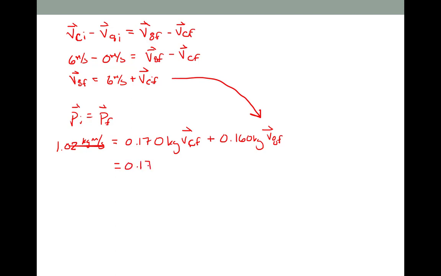So I have 0.170 kilograms VQ final plus 0.160 kilograms times the quantity 6 meters per second plus VQ final.